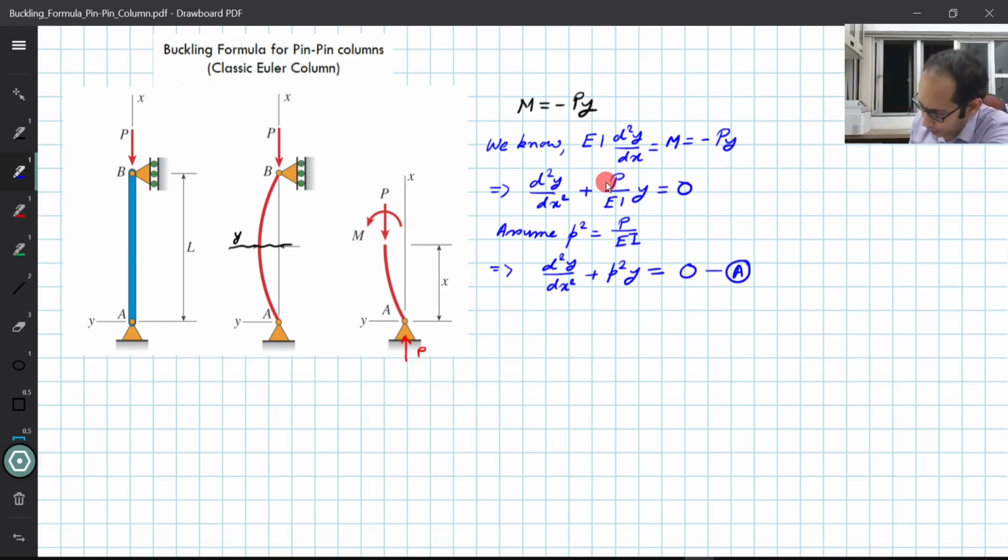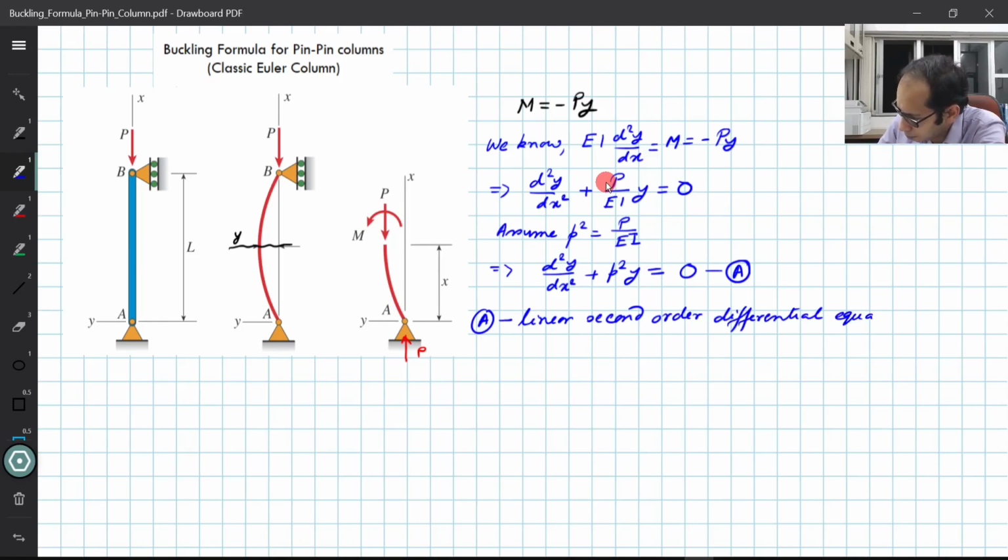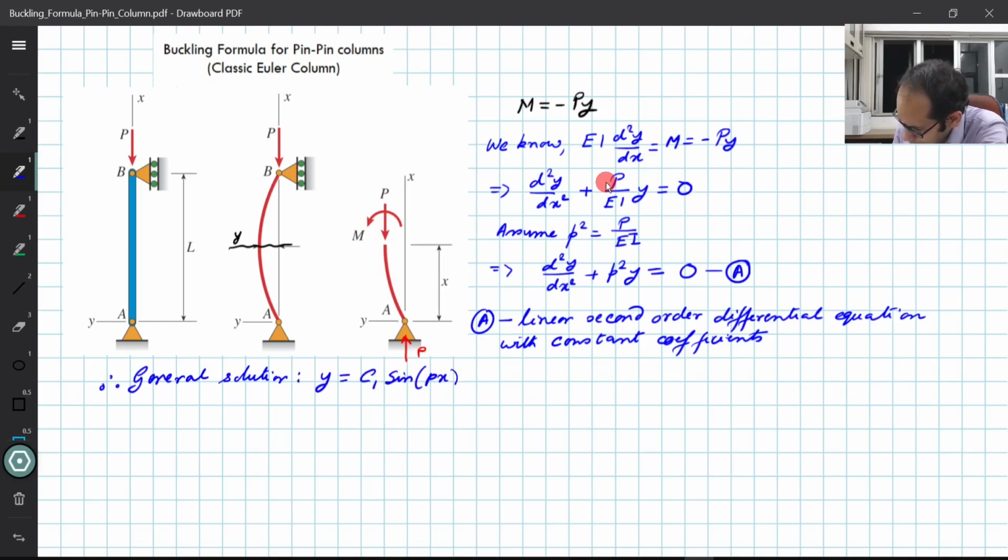What we get is, so this is the general solution of this linear second order differential equation with constant coefficients.